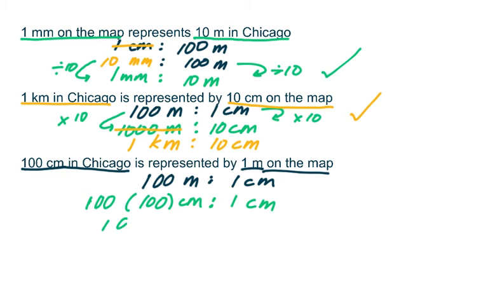There's no way. This doesn't make any sense. So 10,000 centimeters in Chicago is represented by 1 centimeter on the map. We're taking 10,000 centimeters in the real world, and we're representing them on the map with 1 centimeter. This is a wrong answer.